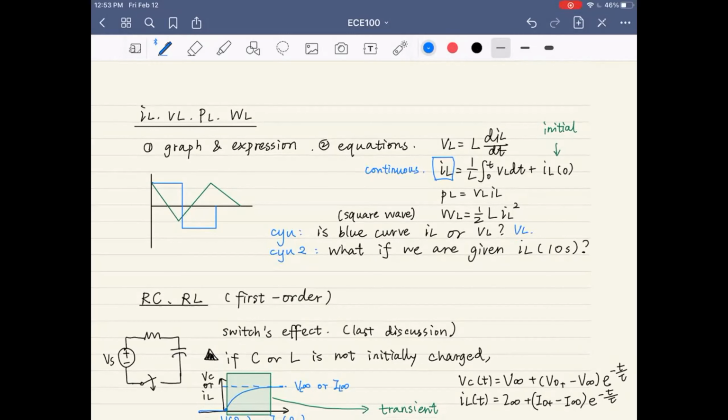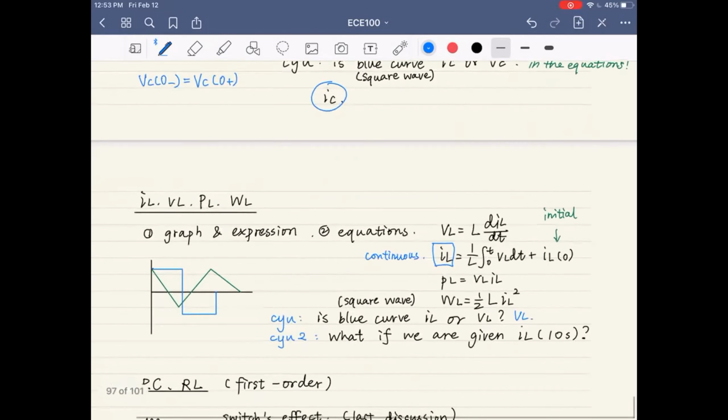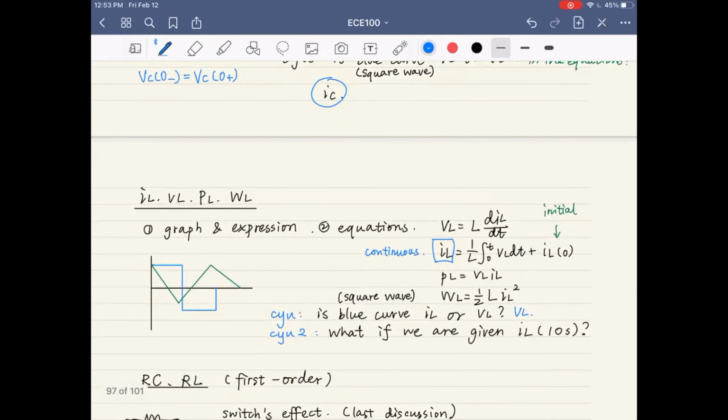So VC at 0 minus, which means the instant before the switch takes an action, is always equal to VC at 0 plus. And for the IL, it's also always the same.